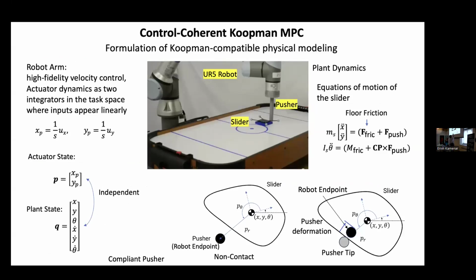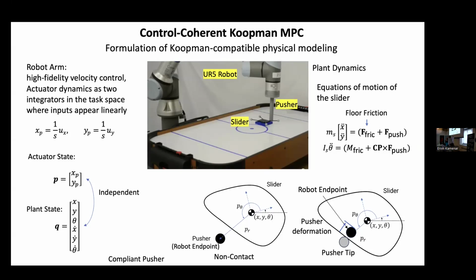So this is the system where we implemented and demonstrated the CCK and MPC. We assume high fidelity velocity control on the robot side, which means that you command the desired velocity UX, UY, and that results in the particular position XP, YP, just simple integrators. This is linear, and the input UX, UY shows up linearly.